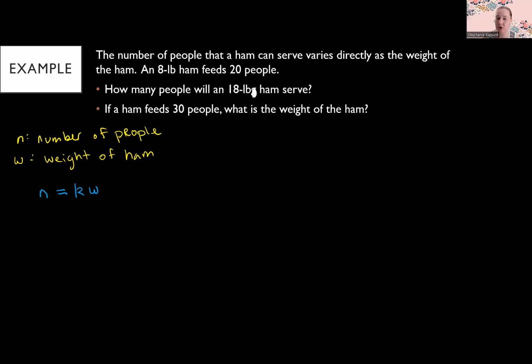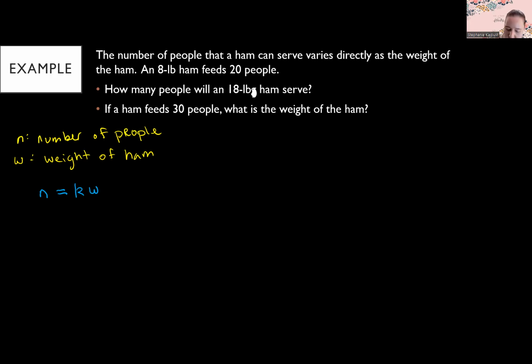Step two is to try to find k, and you find k using usually the second sentence that they give you. They'll give you some relationship. They'll tell you how much, in this case, the 8-pound ham feeds this many people, so that we can use this information to find out what k is.